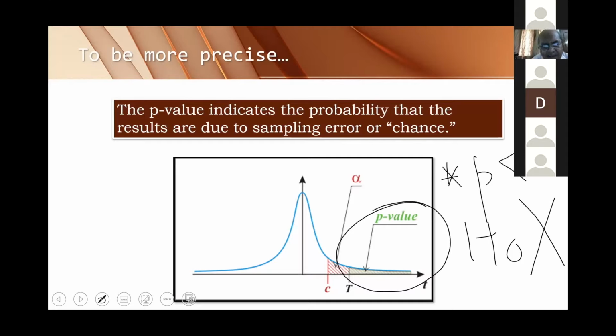Otherwise, we should accept null hypothesis. Is that clear? Is it okay? Any question? Any doubt? Any query, any doubt about it?